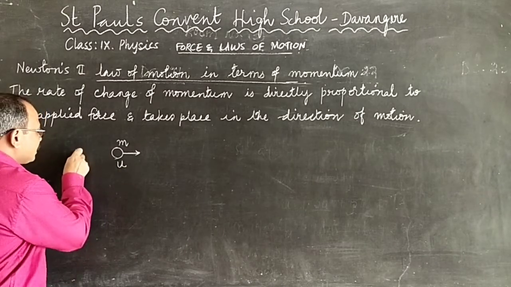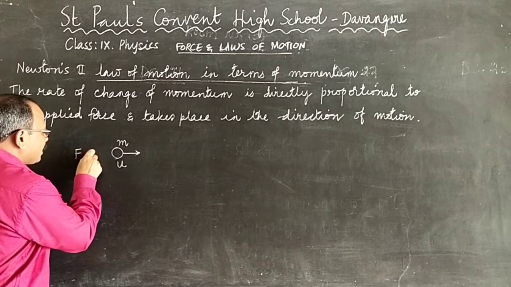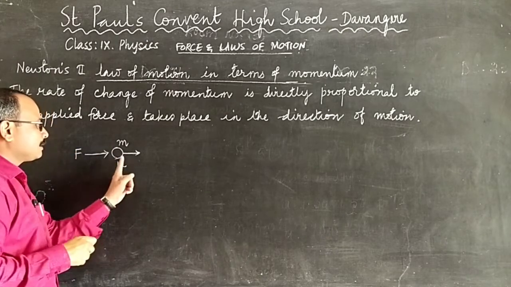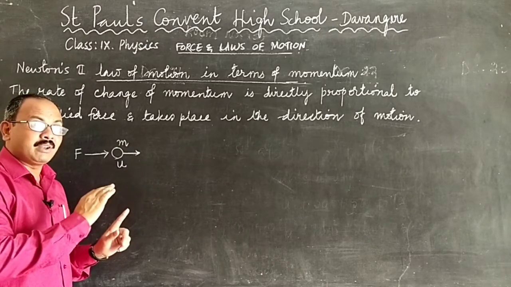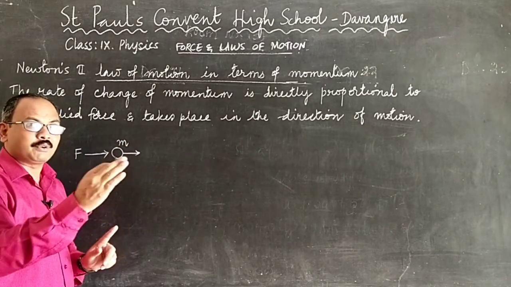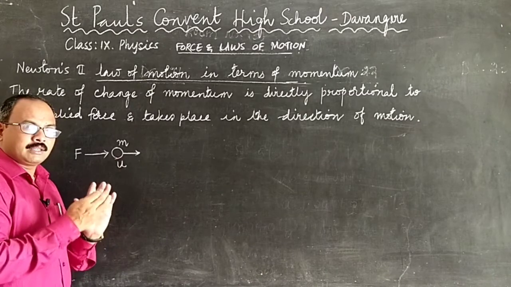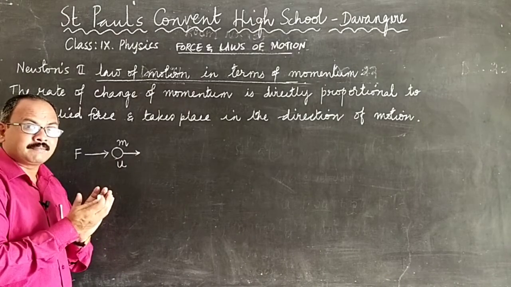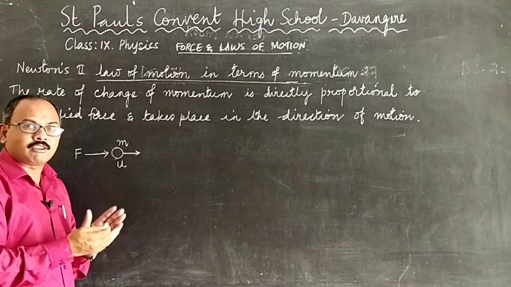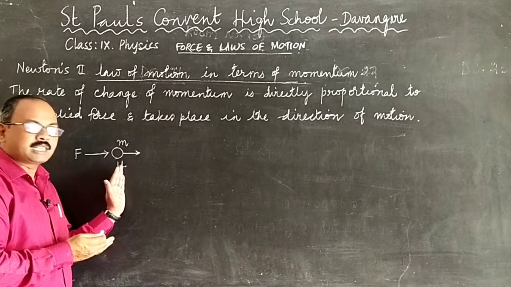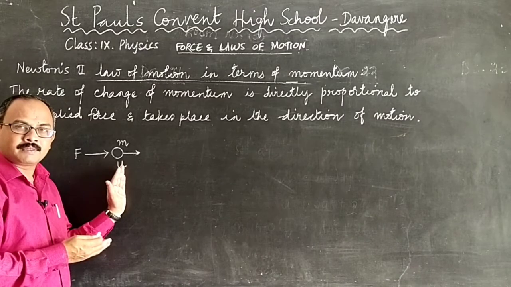When external force is applied on it, mass remains the same, children, but the velocity increases. One of the effects of force, as we have seen, is that we can increase or decrease the speed of an object. It is already moving with some velocity.